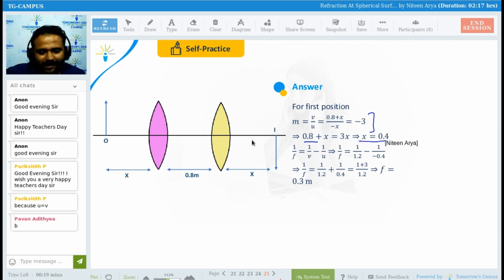So from here we can find x, and x is then the object distance. So v is going to be thrice of u, or you can say the image distance is thrice the object distance. So the image distance is going to be 1.2, or the object distance is going to be 0.4 meter, and we don't need to worry about the distance between them, because once we get v and u we can find f. Is this clear everyone? So here the focal length is going to be 0.3 meter.